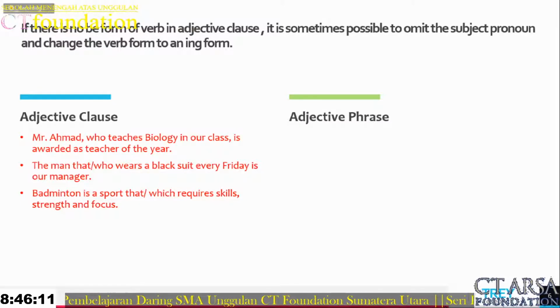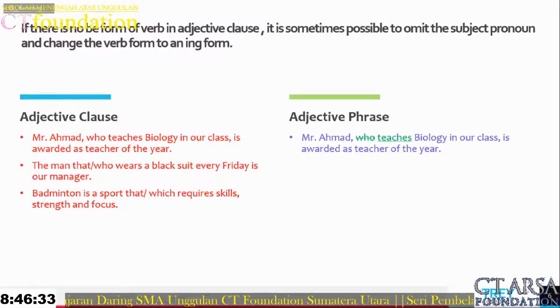Okay, number 1. Can you change it to an adjective phrase? Mr. Ahmad, teaching biology in our class, is awarded as teacher of the year. Very good, that's correct.